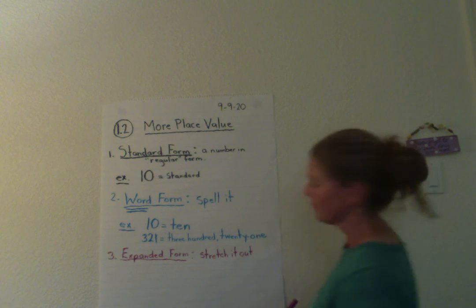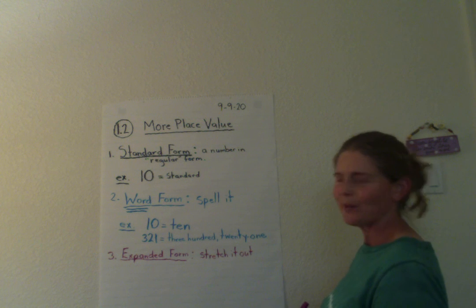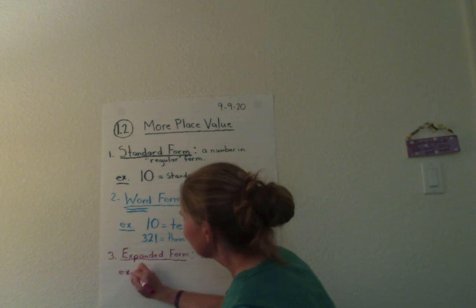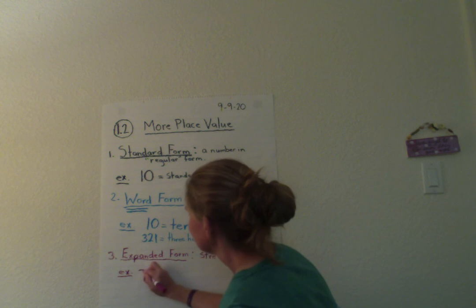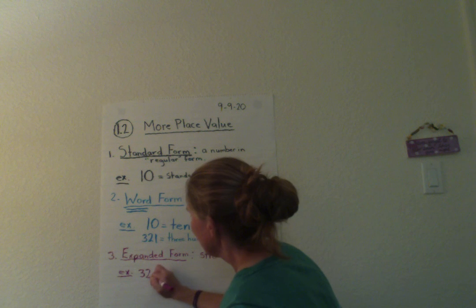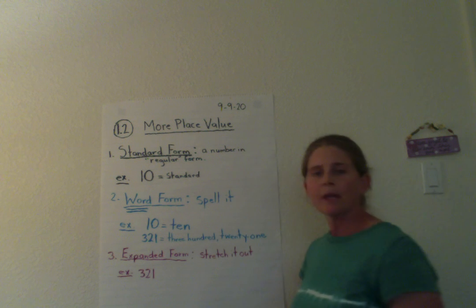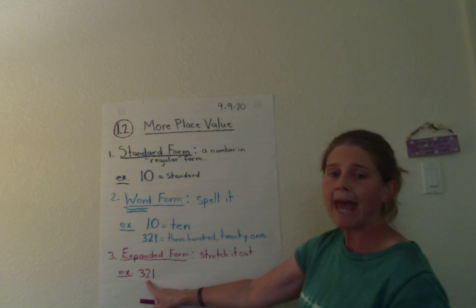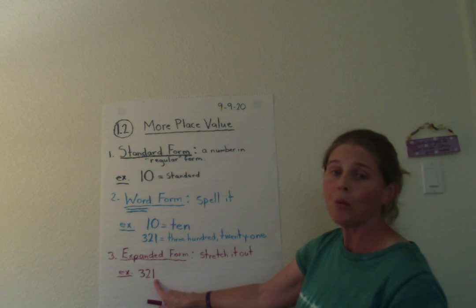Stretch it out. Okay? Here we go. Here's our example. I'll go down here, EX. I'll use my 321. So I can see that there are 300s, 2 10s, and 1 1.